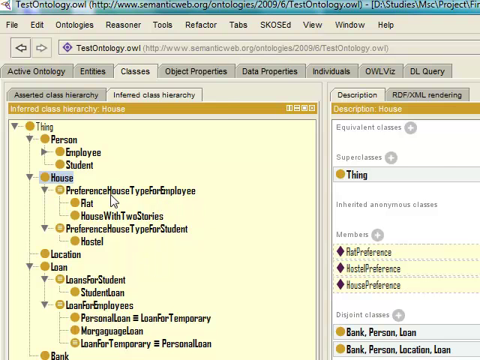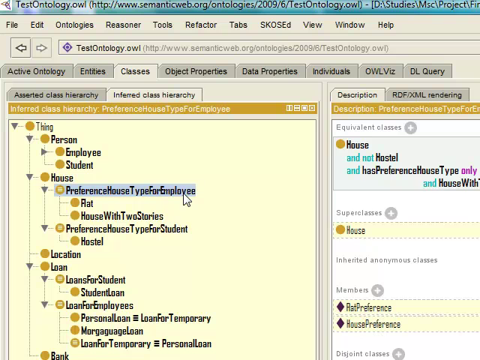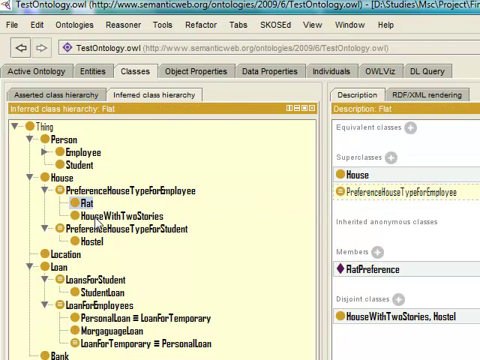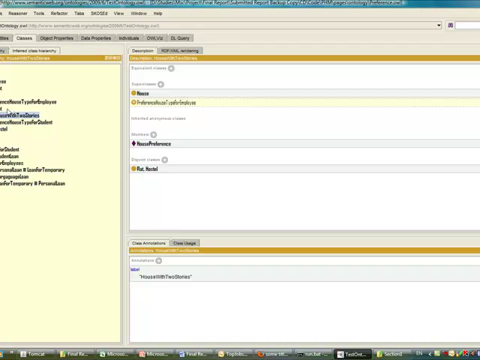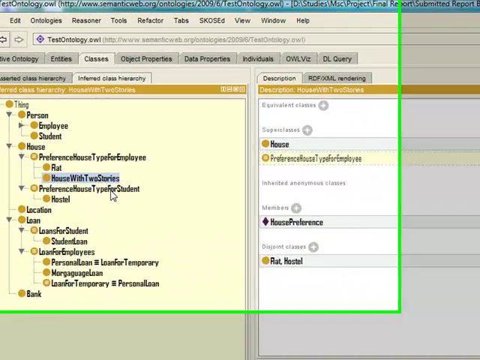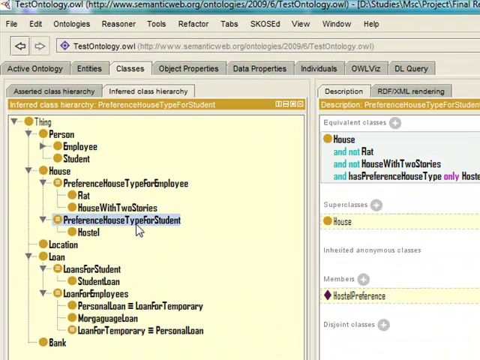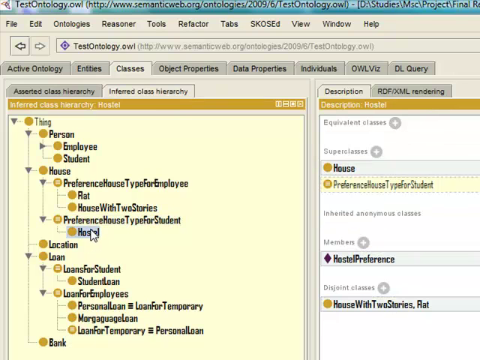So here you can see this inferred class structure. The preference house type for employee is identified as flat and house is two stories when this ontology is inferred. Employees' preference house types are identified as flat and house is two stories, and students' preference house types are identified as hostels.